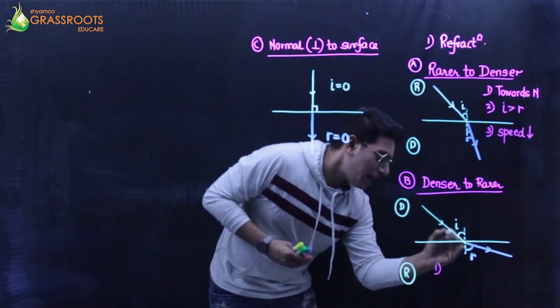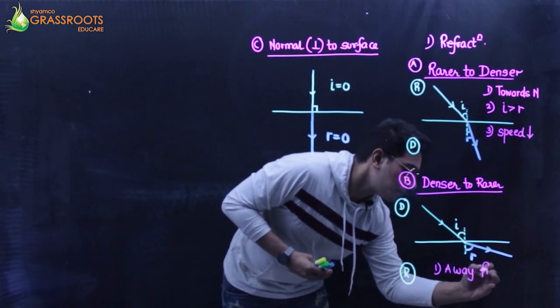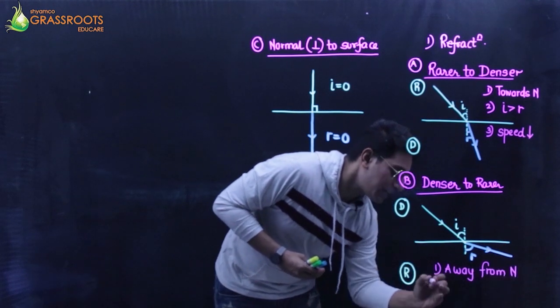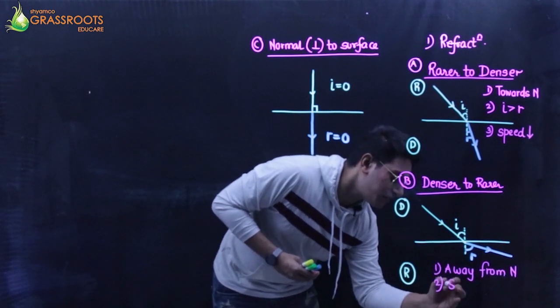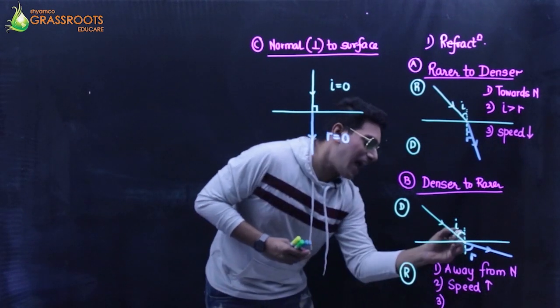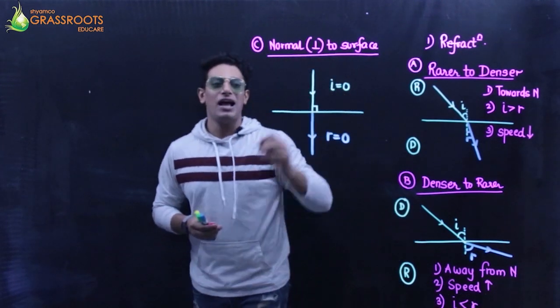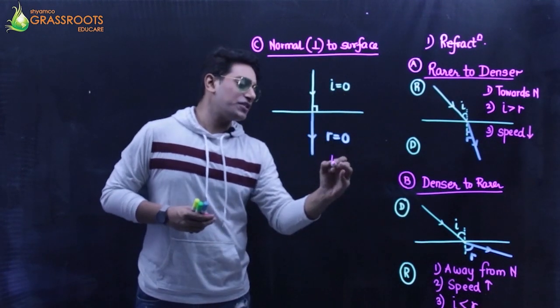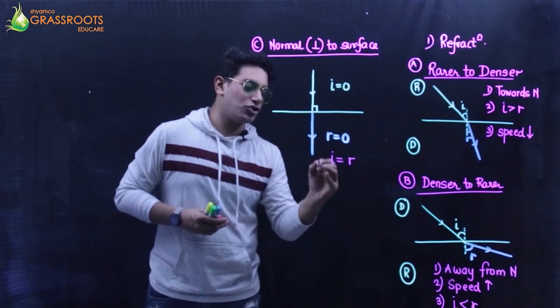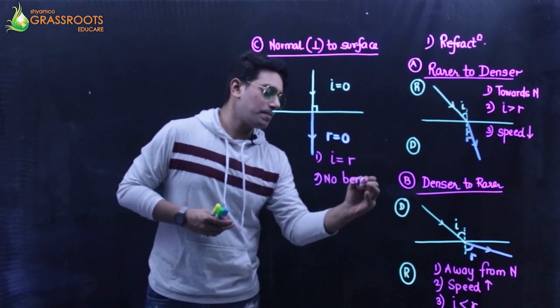Out here again, the bending is away from the normal. Second pointer, the speed increases. And third, the angle of incidence is less than the angle of refraction. Out here, the angle of incidence is equal to the angle of refraction. There is no deviation, no bending.